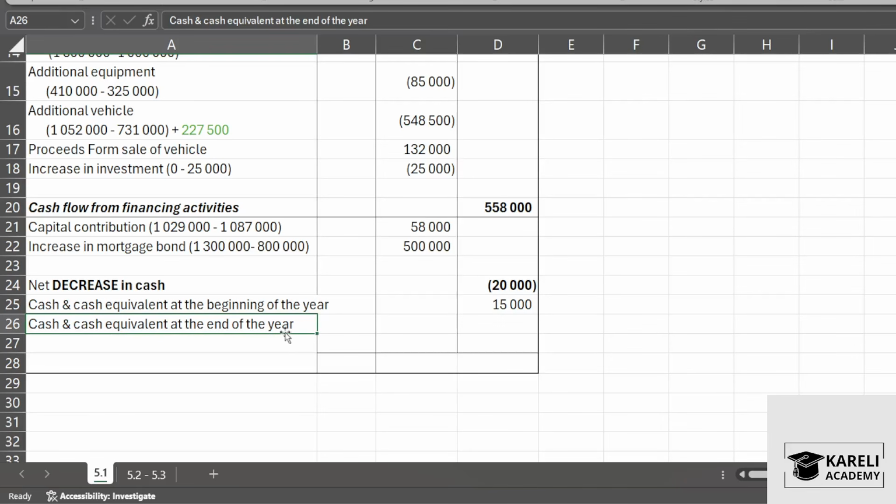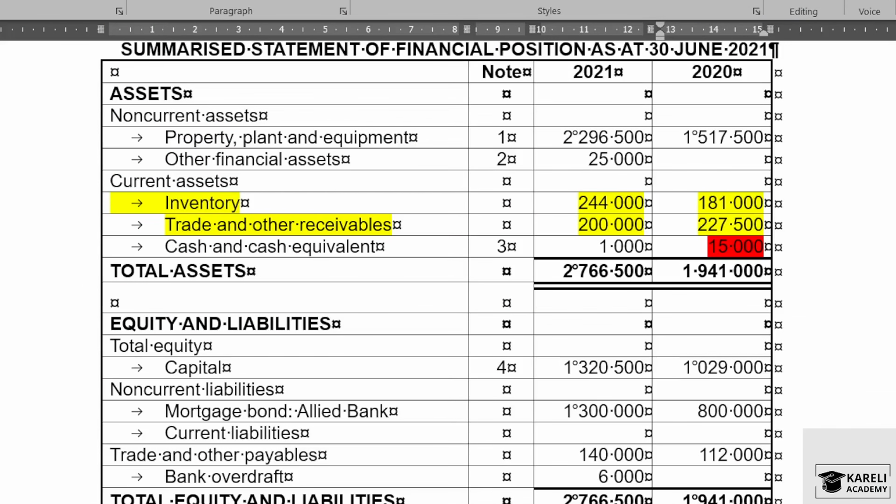And then for cash and cash equivalents at the end of the year, we check again on the question paper and we find that we have 1,000 as cash and cash equivalents.